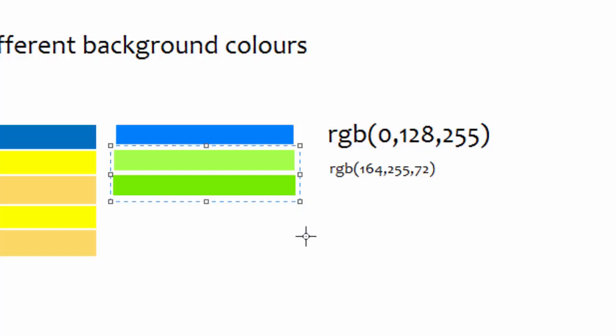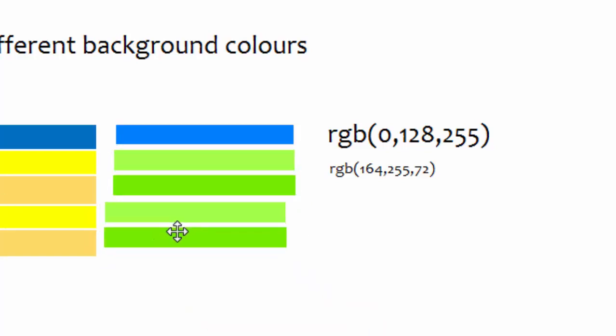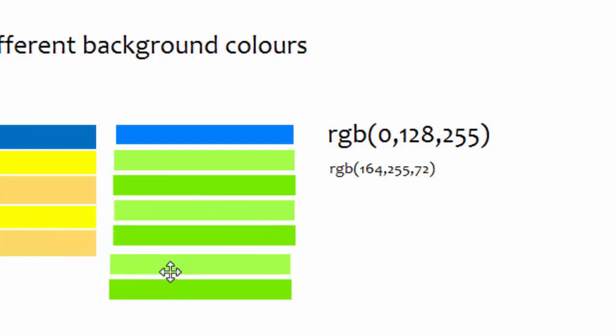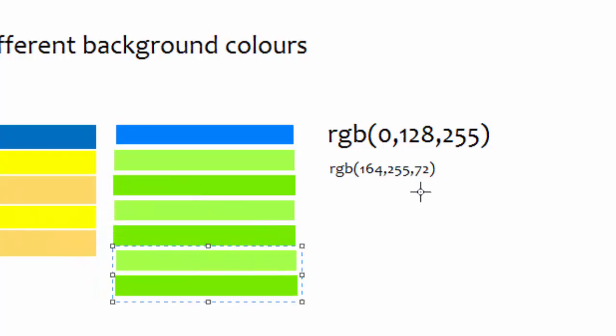I will copy this, Ctrl C, Ctrl V. This is how my rows should be alternating in my table. And the last green, I wrote it down.